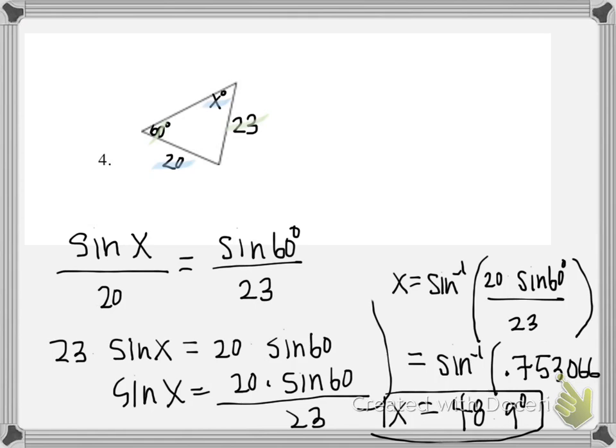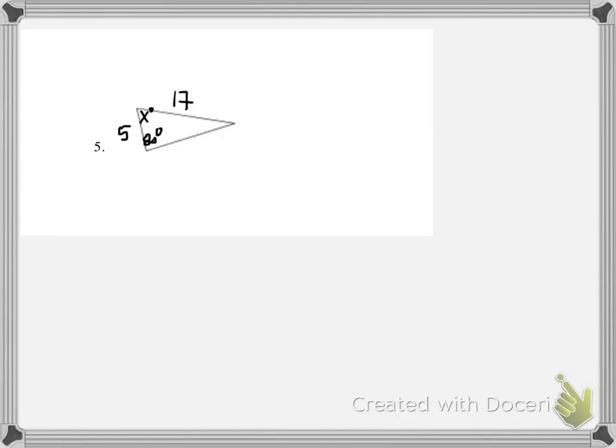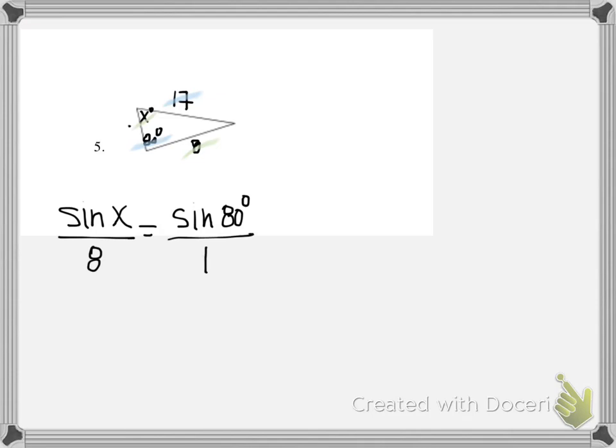All right, let's do one more. So here we're looking for our angle x. I know the side that's opposite of that, so I can say sine of x over 8 is equal to, and I know the angle here and the side opposite of it, sine of 80 over 17.